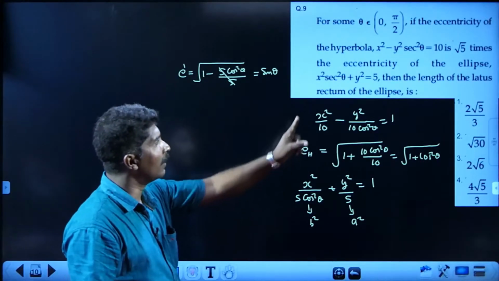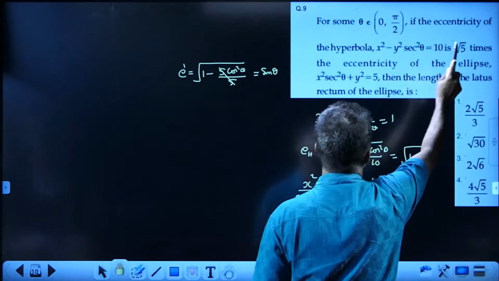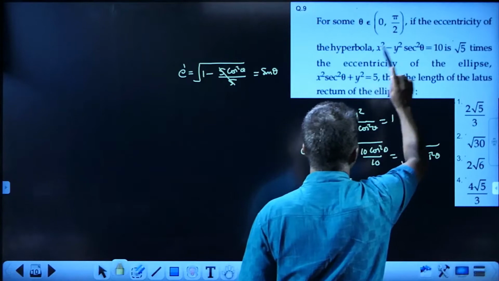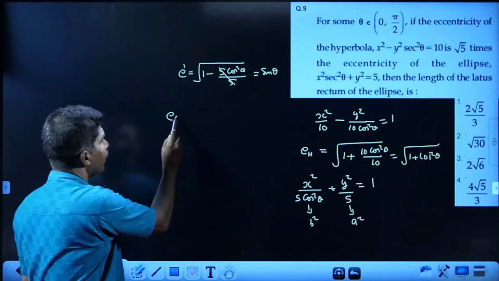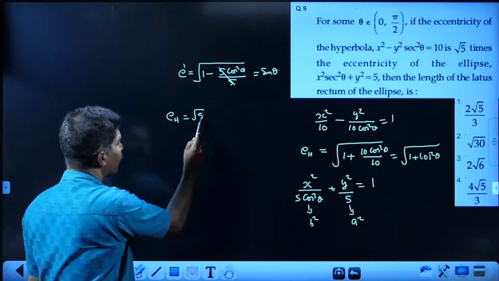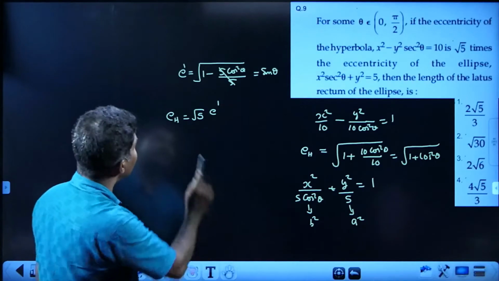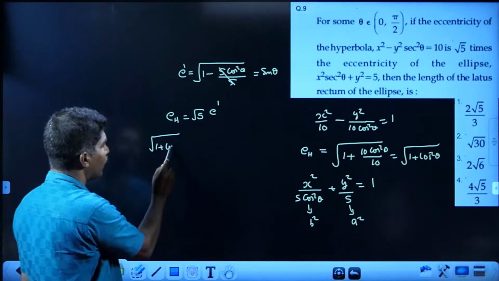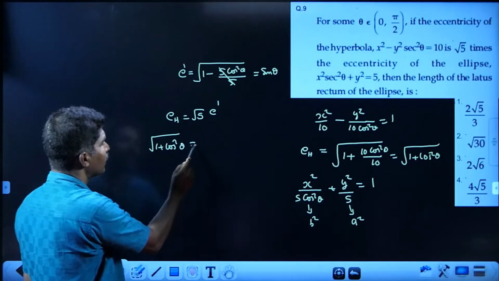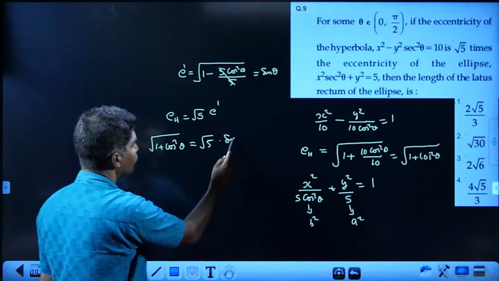Now, what is given? It is given that the eccentricity of the hyperbola is root 5 times the eccentricity of the ellipse. So it is given that EH is equal to root 5 times E dash. And what is EH? Root of 1 plus cos square theta. That is equal to root 5 into sin theta.